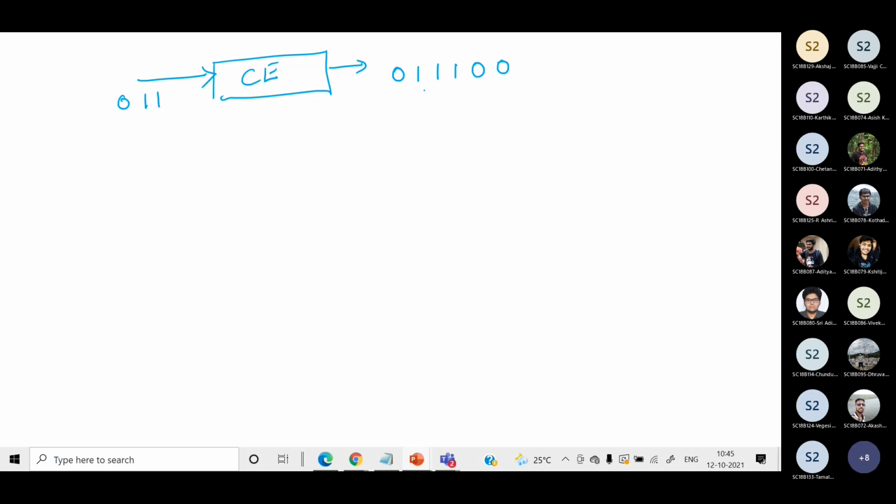Correct, right? This will be your code word, the one we are going to transmit. So at the receiver, the channel decoder.